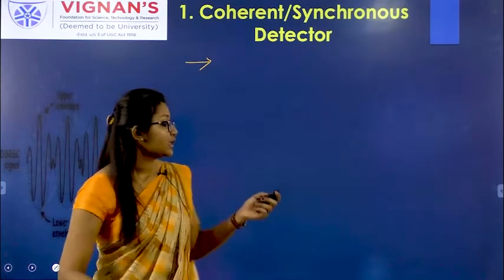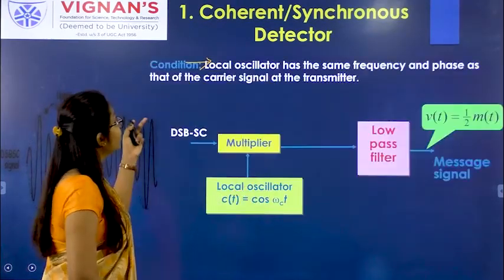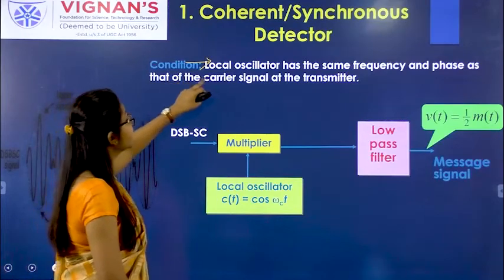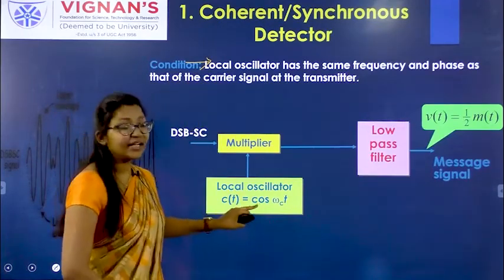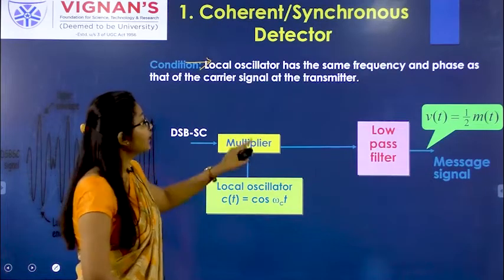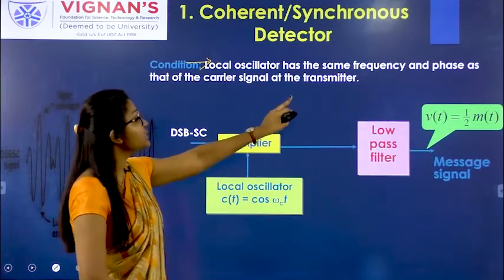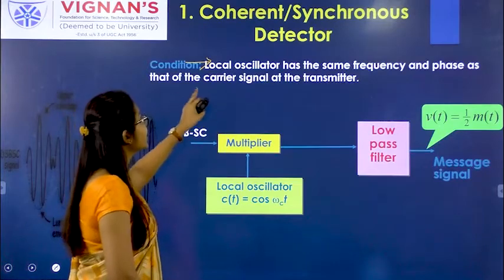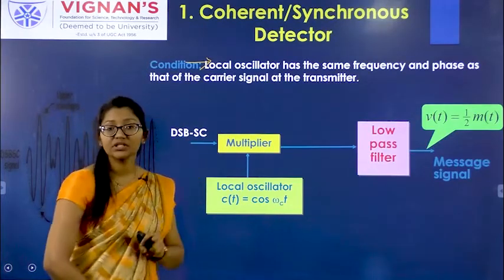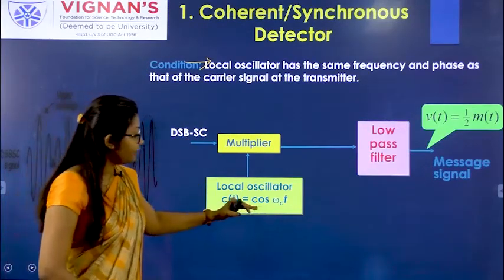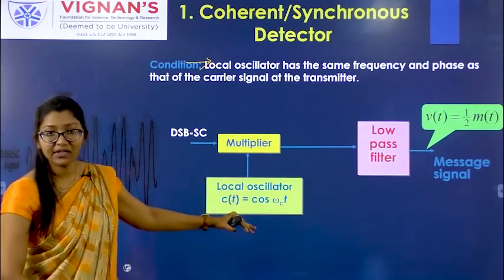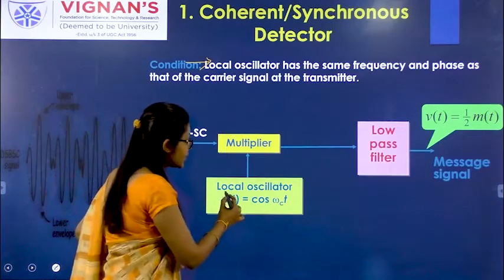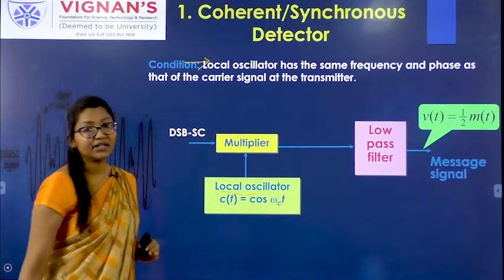Okay, let's see the block diagram, right? So what is the condition here? The condition was that the local oscillator, which generates the carrier frequency, must have the same frequency and phase as the carrier signal of the transmitter, right? This local oscillator we are using to generate the carrier frequency.